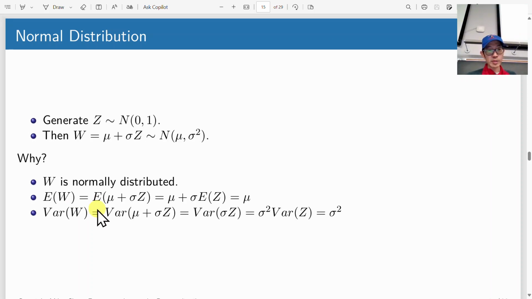Well, basically, you just take your z's and add a constant or multiply by a constant.